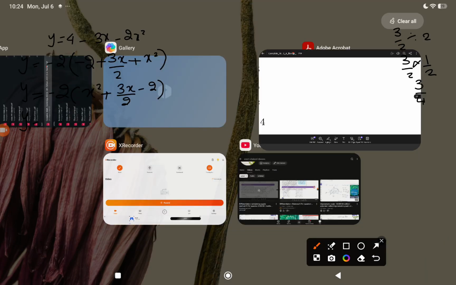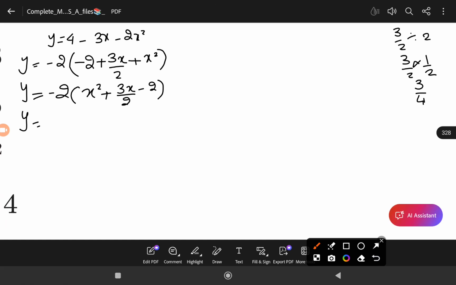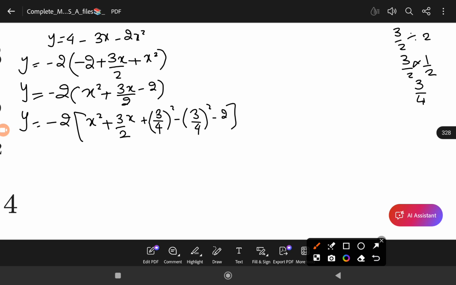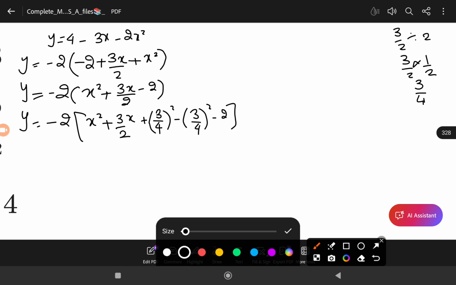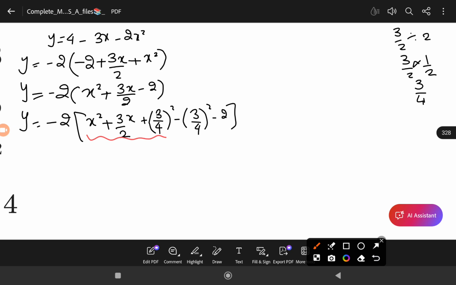So y equals minus 2 bracket x squared plus 3x over 2, plus 3 over 4 squared, minus 3 over 4 whole squared, minus 2, right? These three terms are going to be like a plus b whole square, where a is x and b is 3 over 4, b squared.